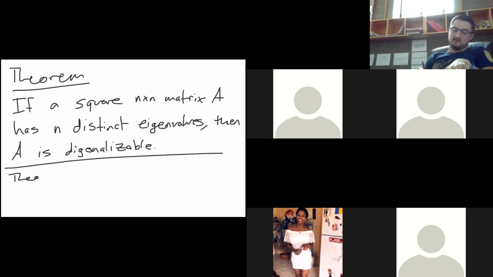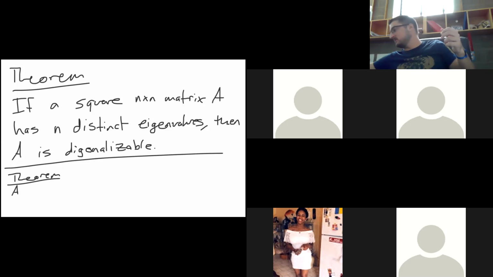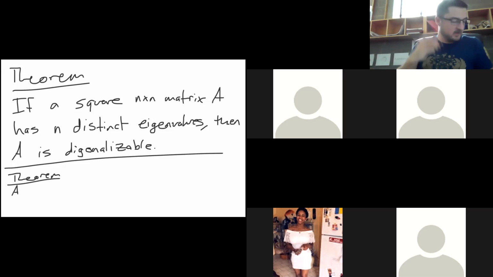But let me go ahead and write out this last theorem, then I'll take more questions from you, Ellen, because I know we're already well over time. We can actually relax this condition a little bit more, because you can diagonalize some matrices that don't have distinct eigenvalues. I think we actually did one on Tuesday.